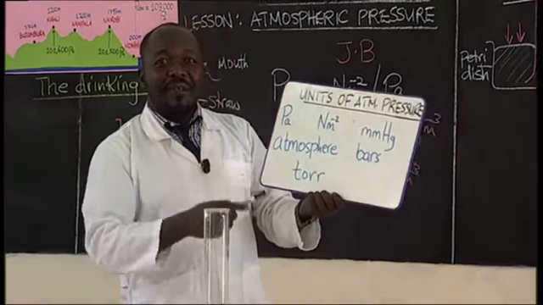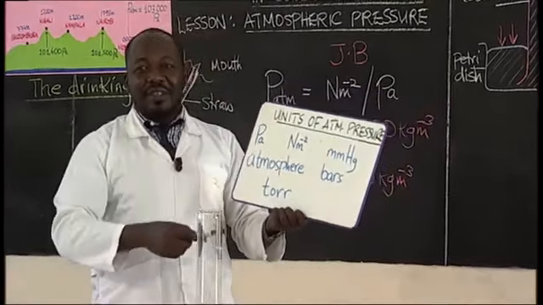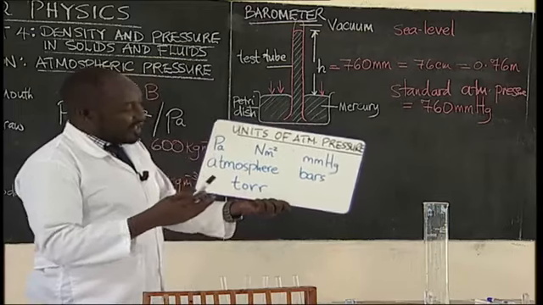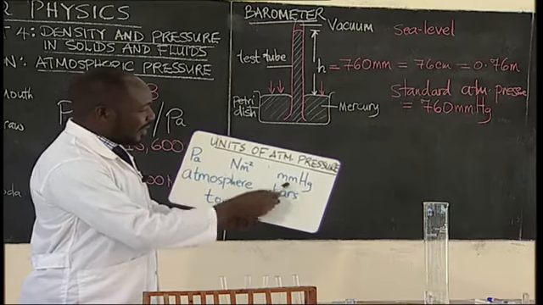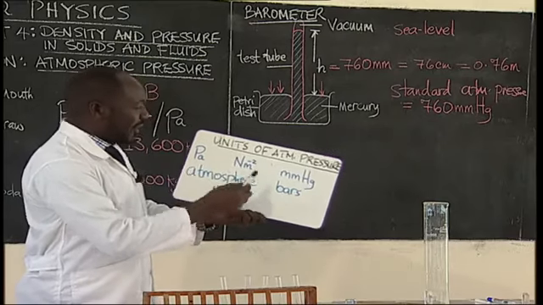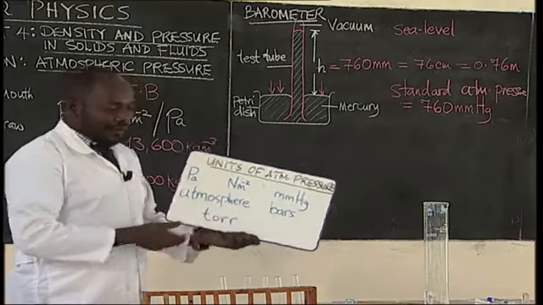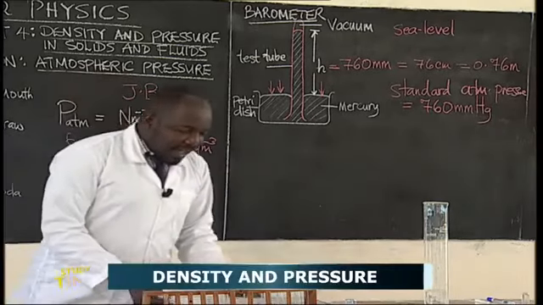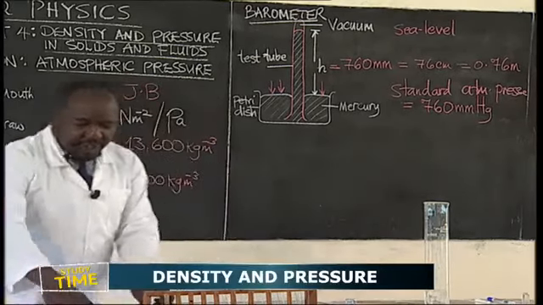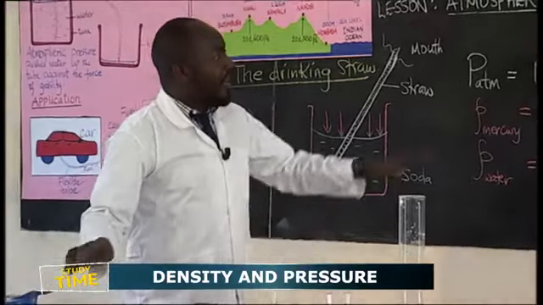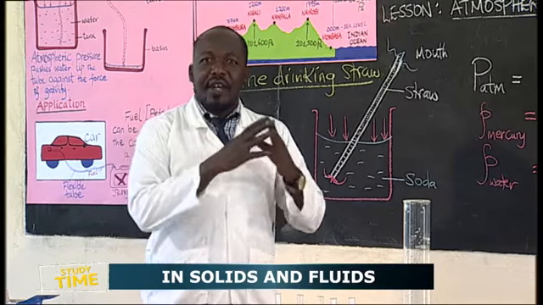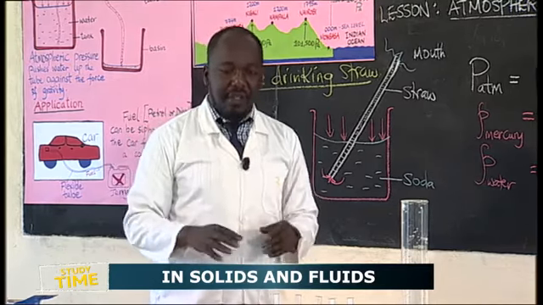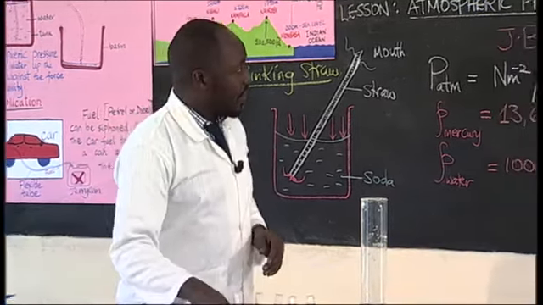So today we have seen there are so many units that we can use to express atmospheric pressure: Pascal, newtons per meter squared, millimeters of mercury, atmosphere, bars, and torr. So the last thing we want to look at is the relationship between millimeters of mercury and Pascal, and newtons per meter squared. That's the only thing we want to look at today, then we shall conclude.